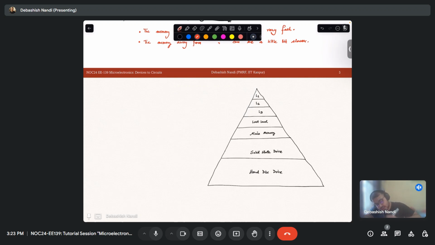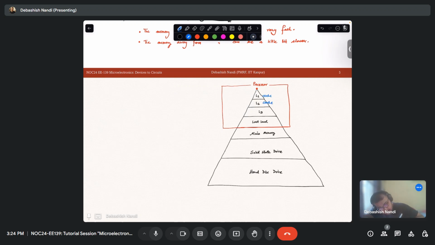so where does the processor lie? Processor lies at this place. So what we do basically, till this much we make it coexistent with the processor. Okay, so by the way, these are called cache memories.